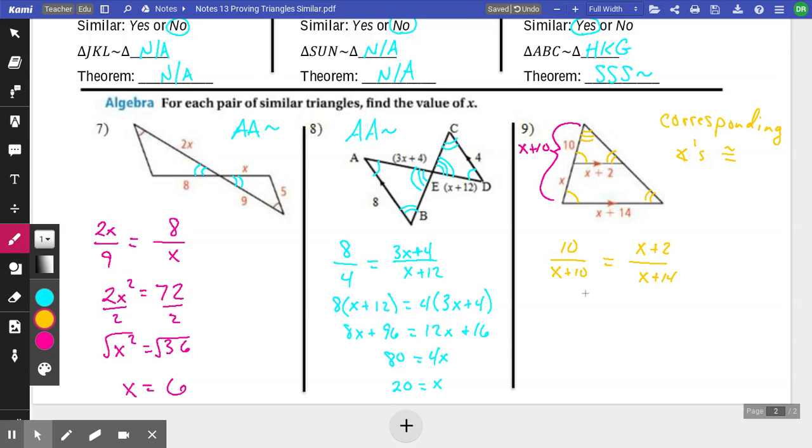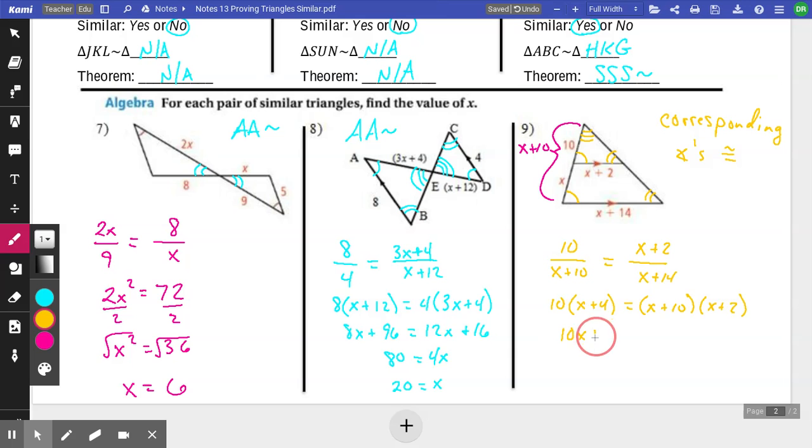Okay, cross multiplying here like we know how, we get 10 times (x plus 4) equals (x plus 10) times (x plus 2). And this is actually some algebra here.